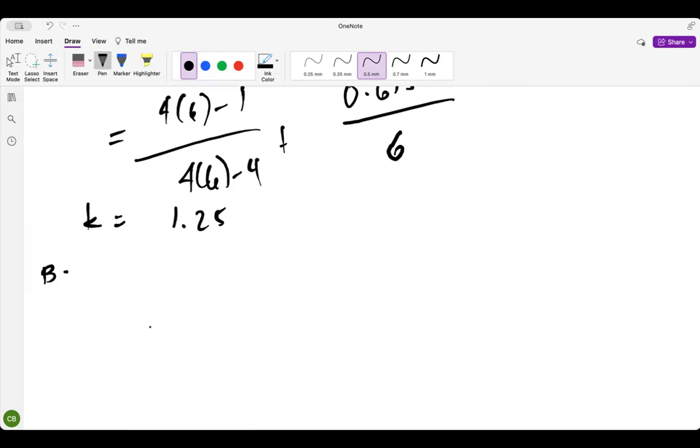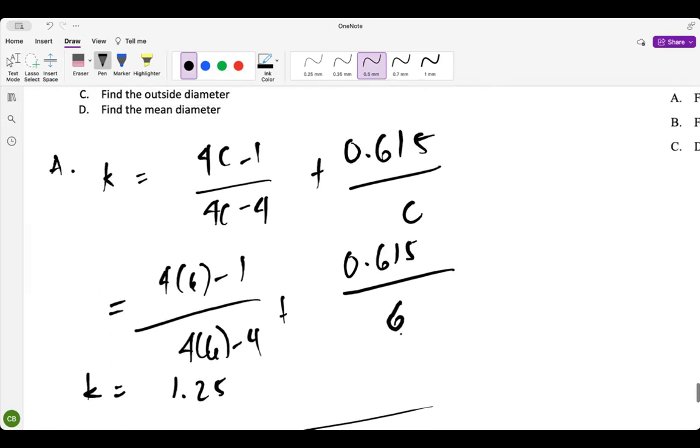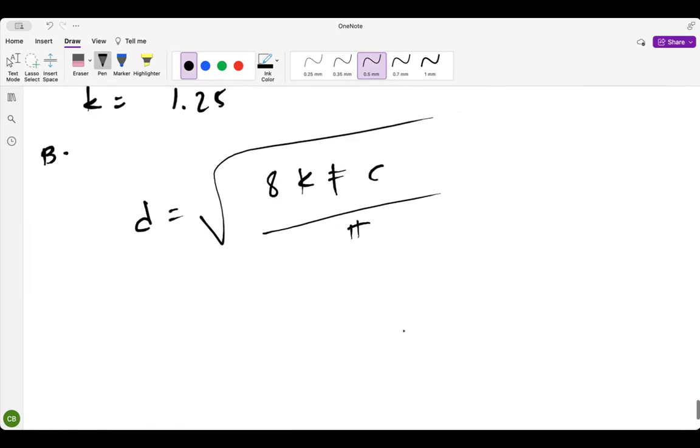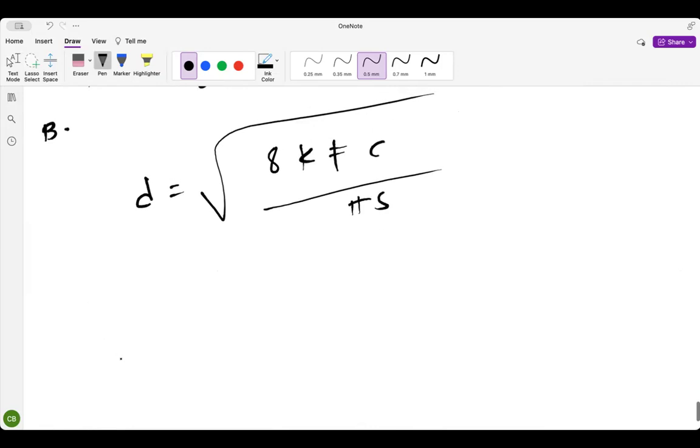The wire diameter d is equal to the square root of 8 K_f F C over pi times 360, the allowable stress.